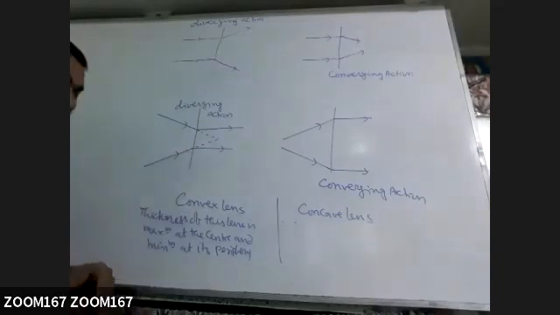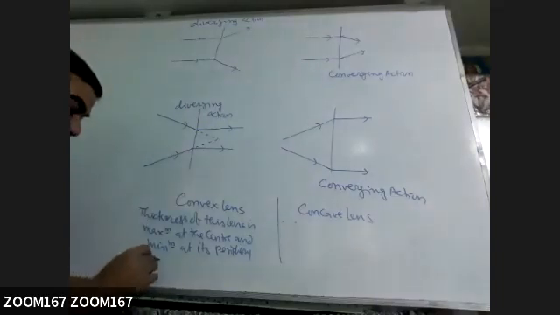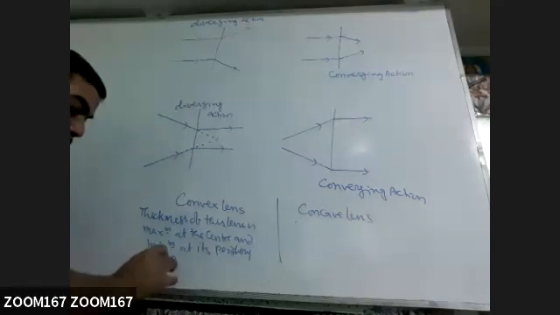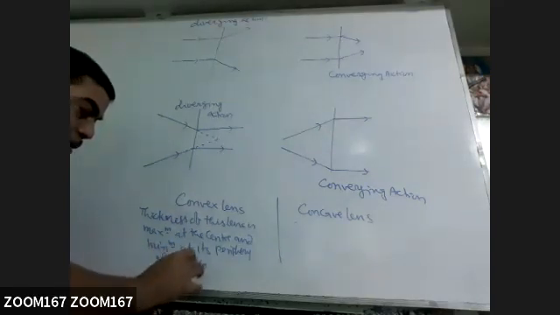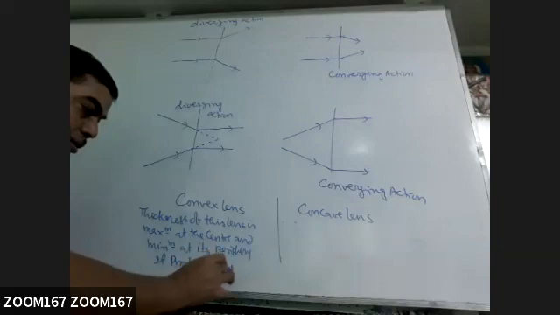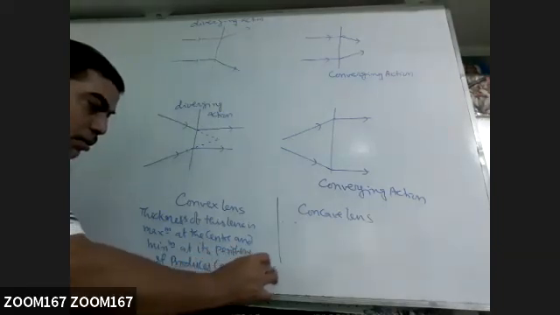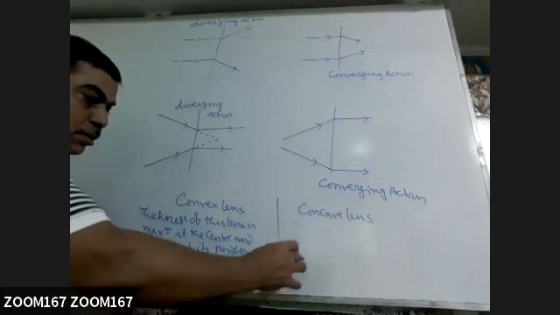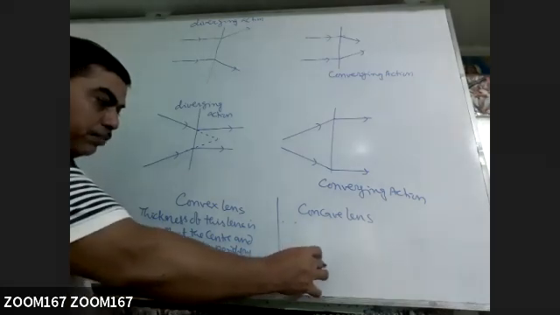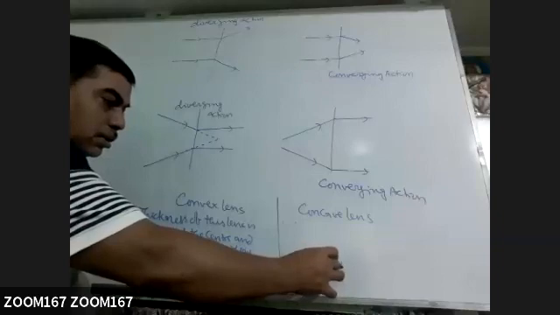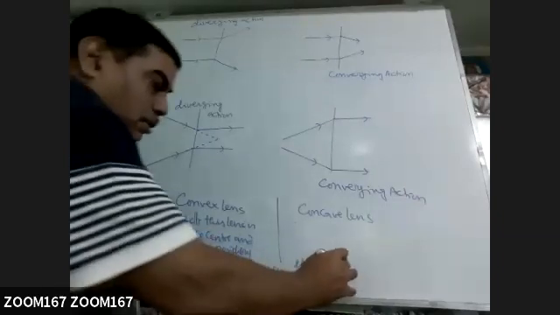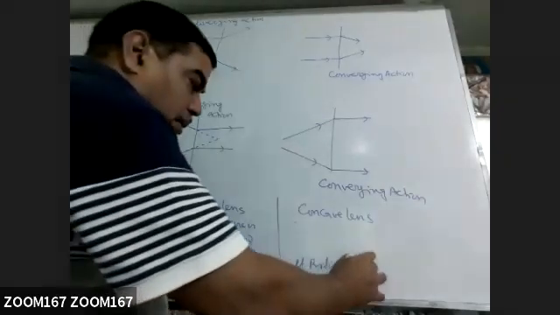According to action, the convex lens produces converging action. Here, the concave lens produces diverging action.